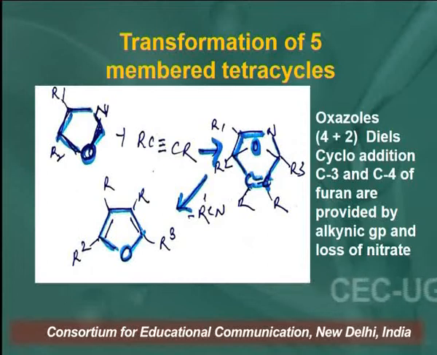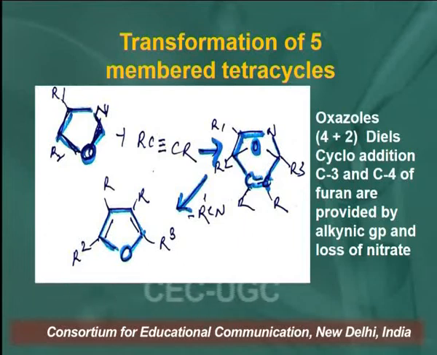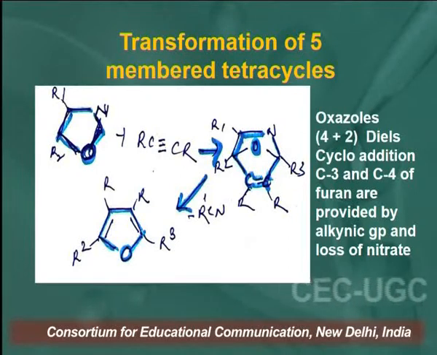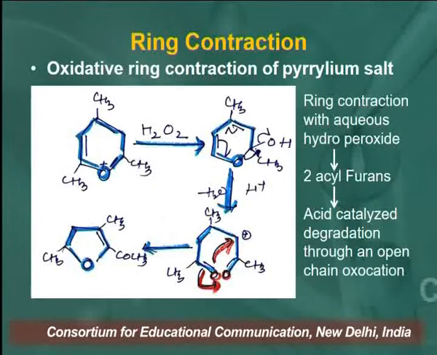This oxazole reacts with an alkyne in a 4 plus 2 Diels-Alder reaction, a cycloaddition, where C3 and C4 react to form a furan derivative. So this is the expansion of a 5-membered ring to again a 5-membered ring, but the ring has a nitrogen atom. By removal of that nitrogen atom as RCN, we get a furan derivative.